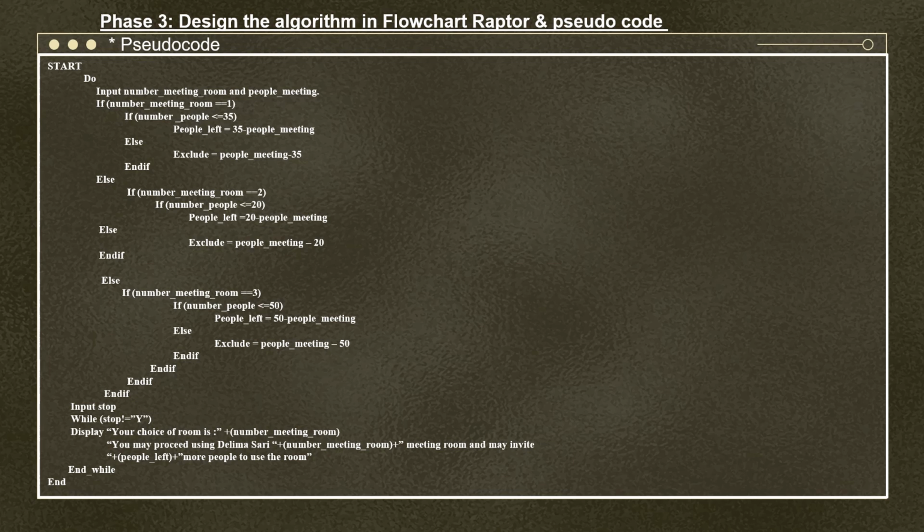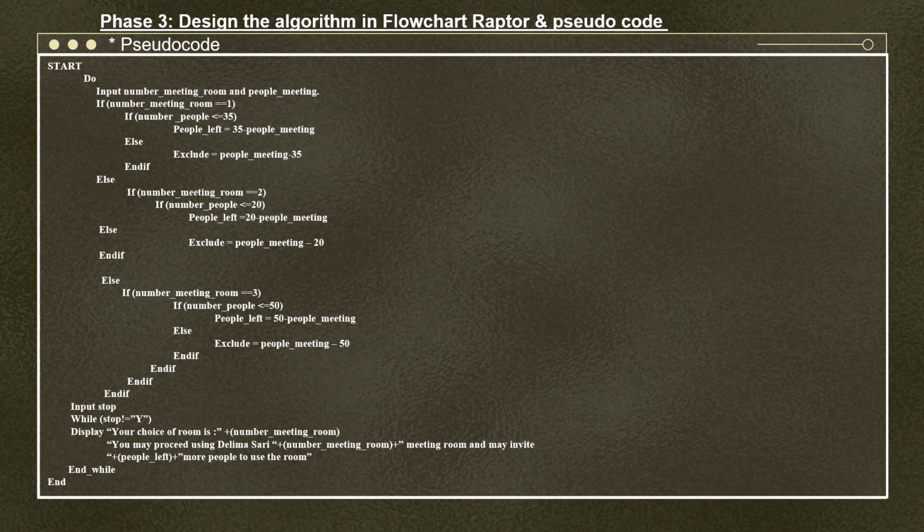Else, if number meeting room is equal to 2, if number people less or equal 20, people left equal 20 minus people meeting, else exclude people meeting minus 20. And then end if.